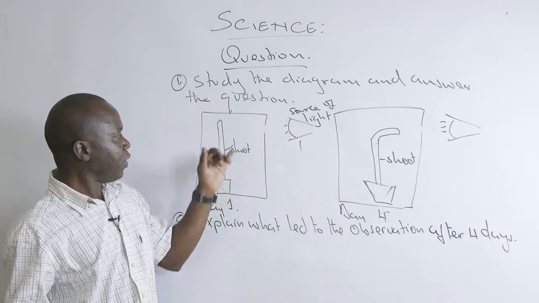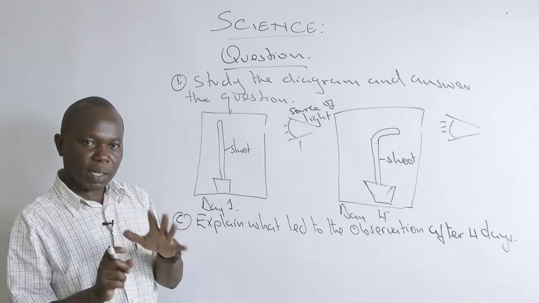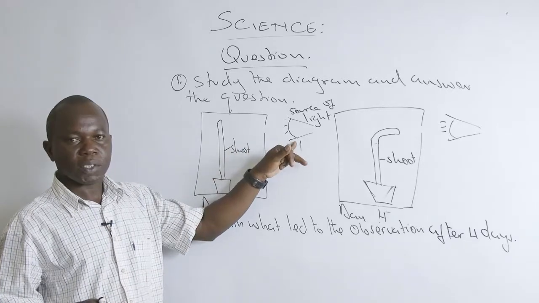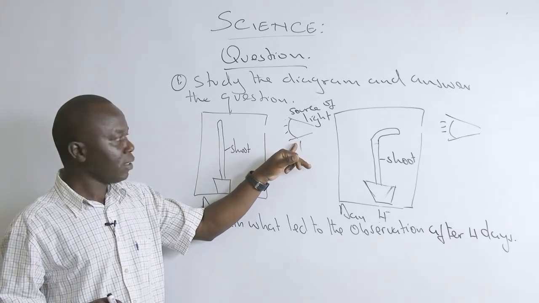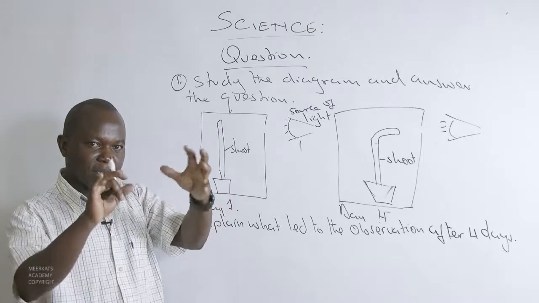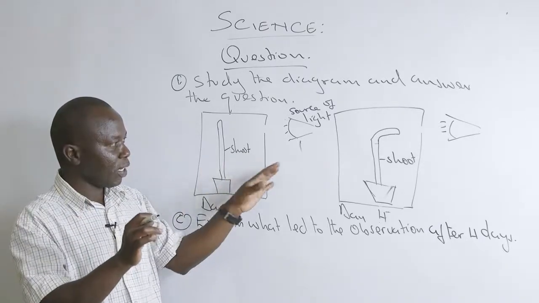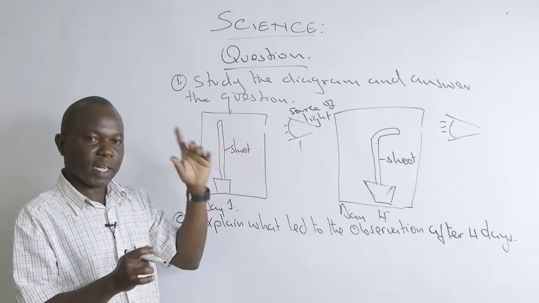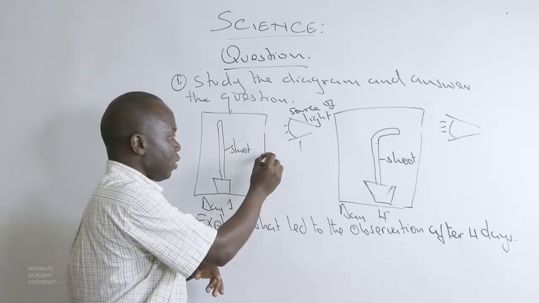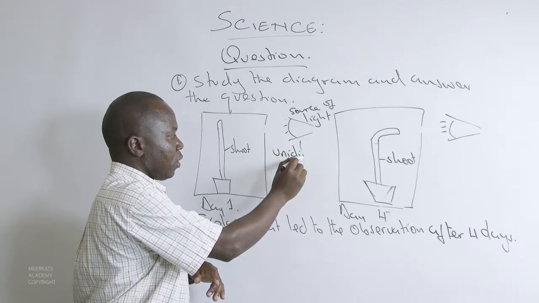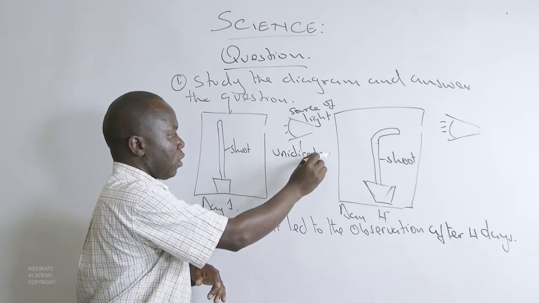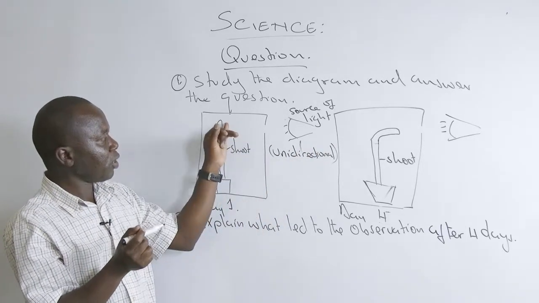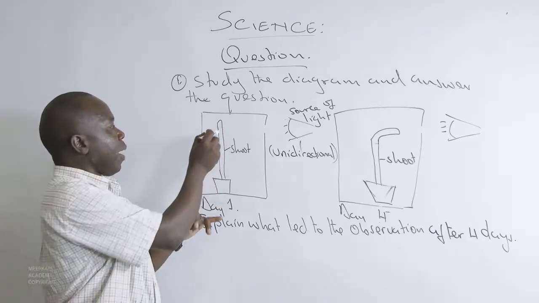So we have already given that explanation very well, but we can again go through it. We have said when a shoot is exposed to unidirectional light, if it was diffuse light, we are not going to have this kind of observation. But this is unidirectional, one direction. When a shoot is exposed to unidirectional light, what will happen?